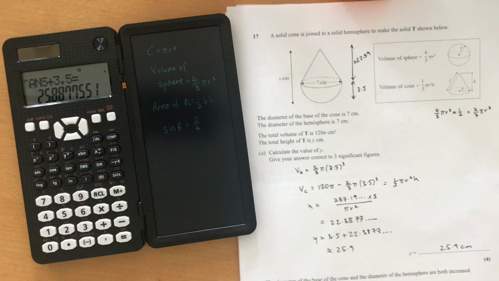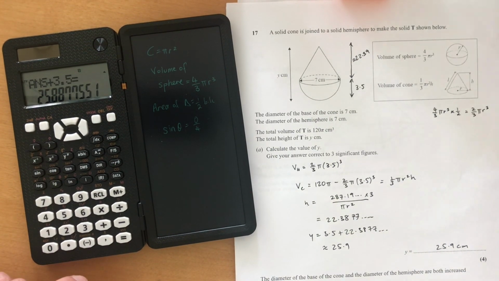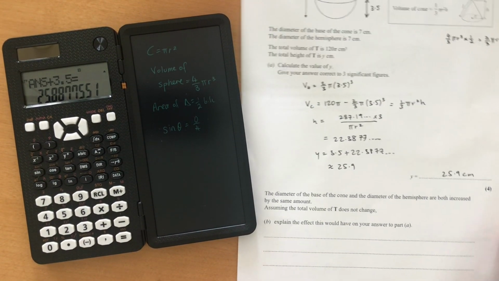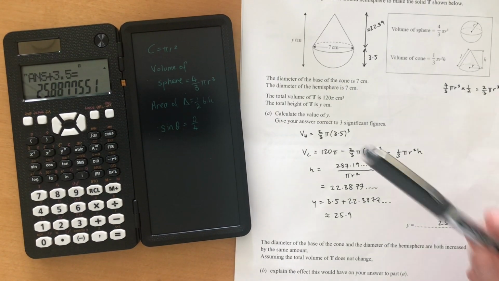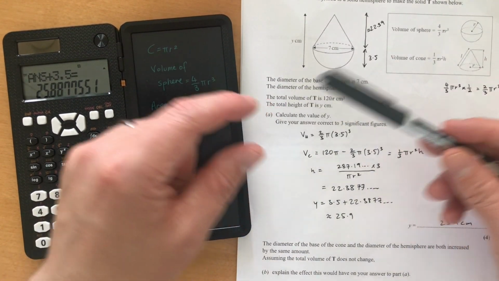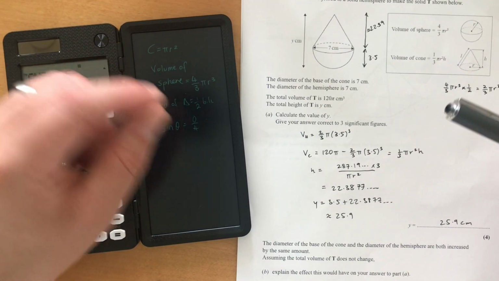Okay, the second part of this question says, the diameter of the base of the cone and the diameter of the hemisphere are both increased by the same amount. Assuming the total volume of T does not change, explain the effect this would have on your answer to part A. Okay, so in this solid, that's getting stretched out, right?